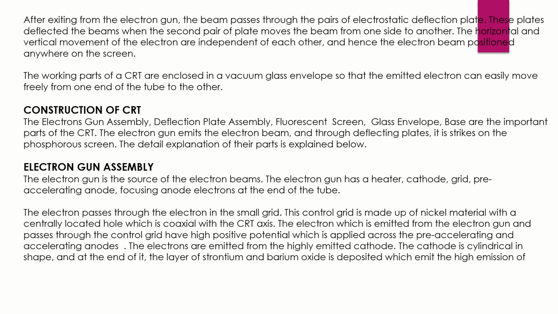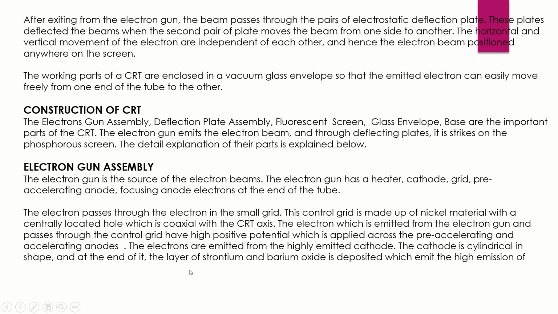At one end of the tube, the electrons pass through a small grid, and this grid is made up of nickel with a centrally located hole, which is coaxial with the CRT axis. The electrons emitted from the electron gun pass to the control grid.